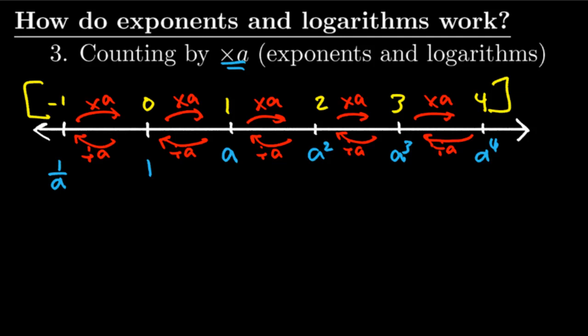So if you were counting in a times A type of way, we can have a thing called log base A, which tells us we're going to count by multiplying A's. I want A cubed. So what do we need to get there? Well, A cubed means that in order to get there, we need the third step.